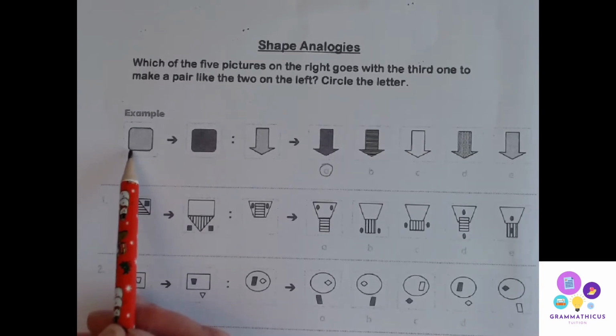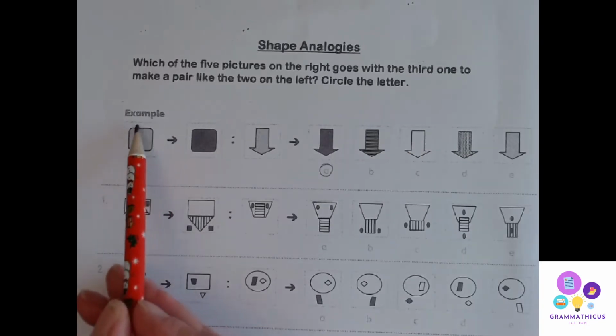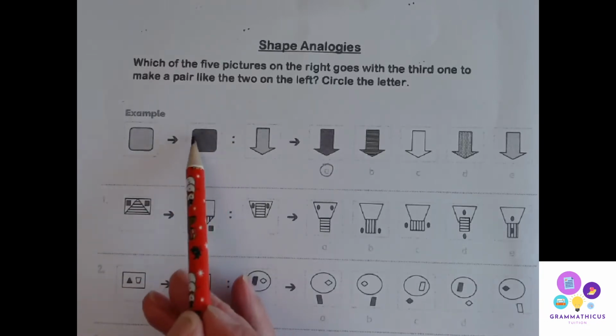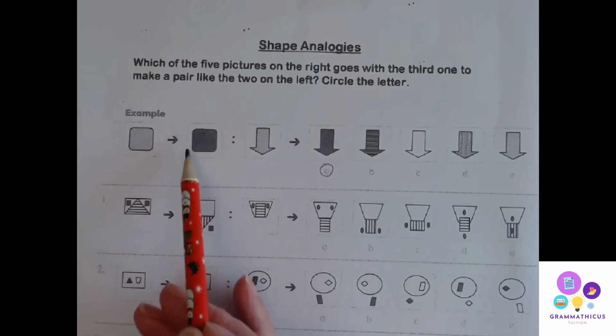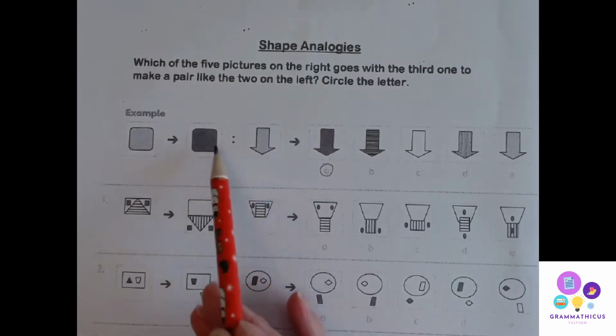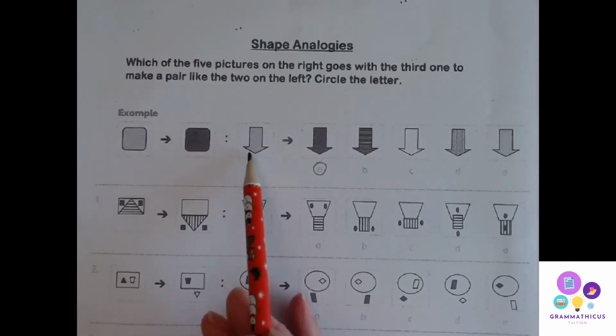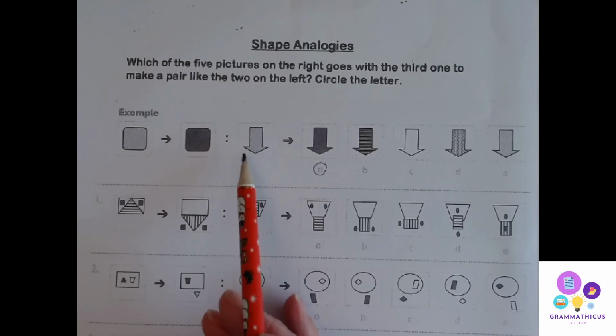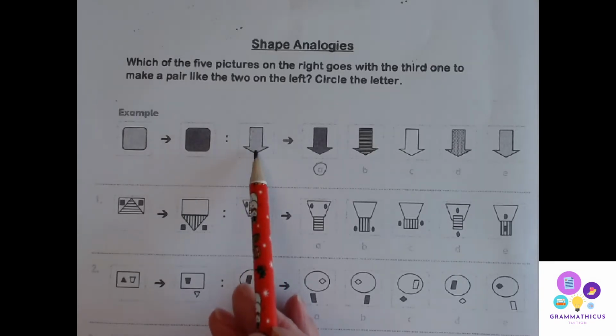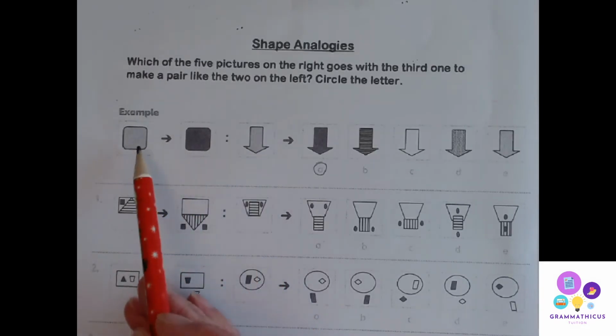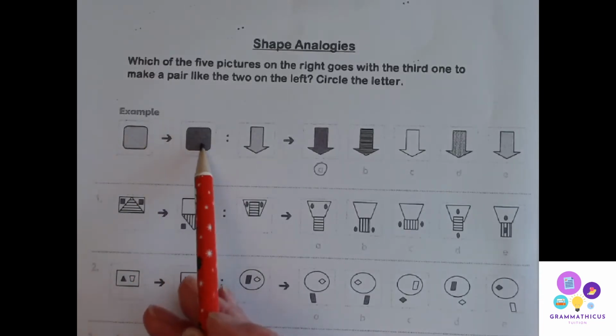If you have a little look here, we have a light grey square, which becomes a darker grey square. If we have a little look over here on the other side of the colon, we've got a grey arrow pointing down, and we've got to do the same thing to this grey arrow as we did to this grey square. Well, the grey square became a darker grey square.